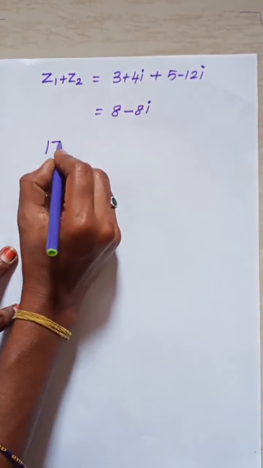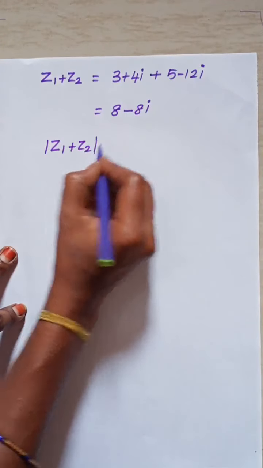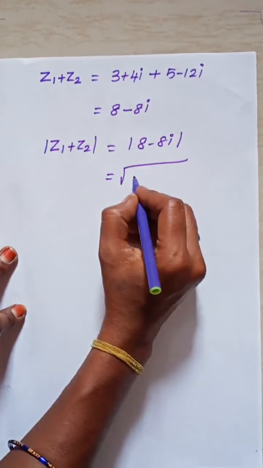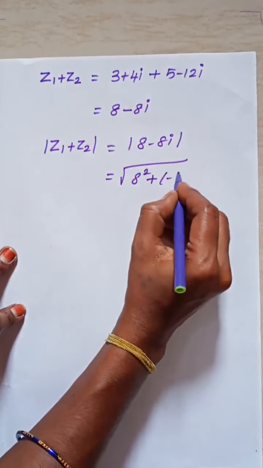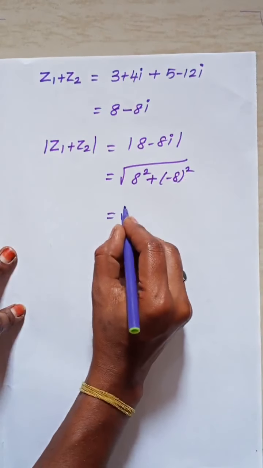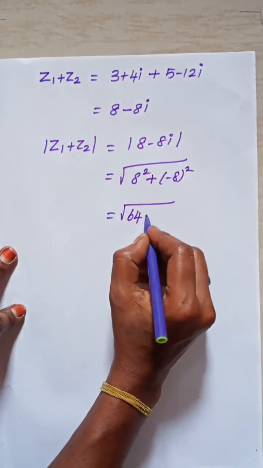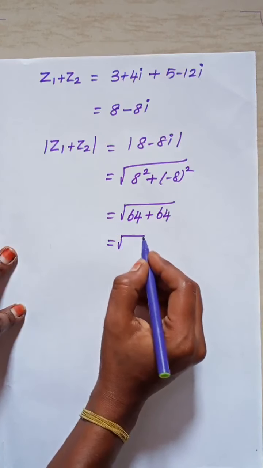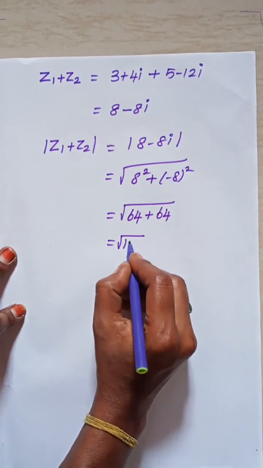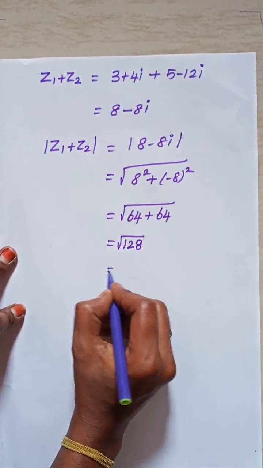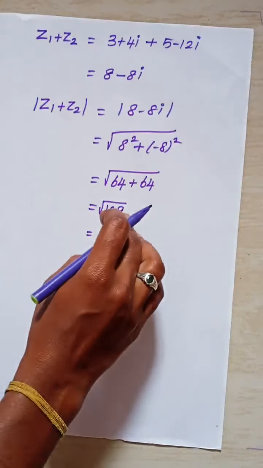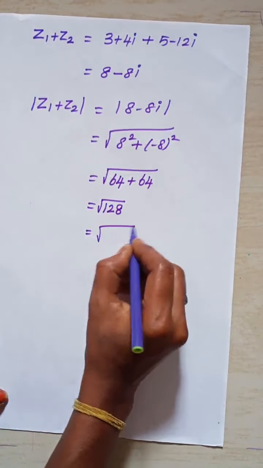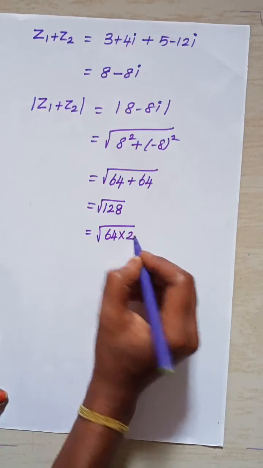Now taking modulus z1 plus z2, which is equal to modulus 8 minus 8i, which is equal to square root of 8 squared plus minus 8 squared, which is 64 plus 64, square root of 128. This is not a perfect square, so we can write it as 64 into 2.